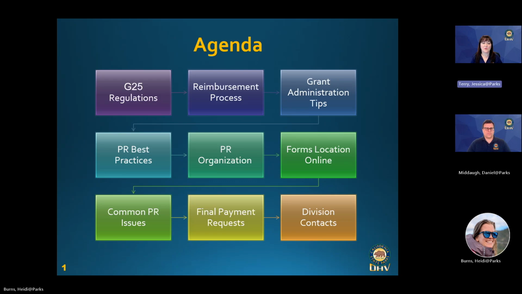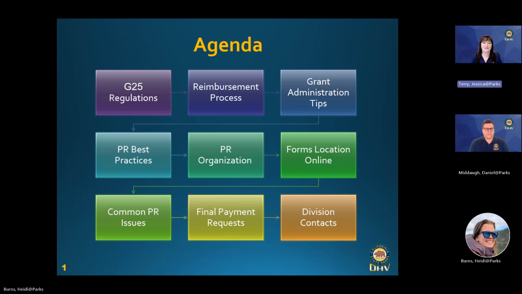First, we're going to start with reviewing the G25 regulation updates that will affect the way that you manage your projects. We'll then review the reimbursement process from the finalized project agreement to receiving your reimbursements. We're also going to highlight grant administration tips and payment request best practices, which will include recommendations on organization and where to find the forms online.